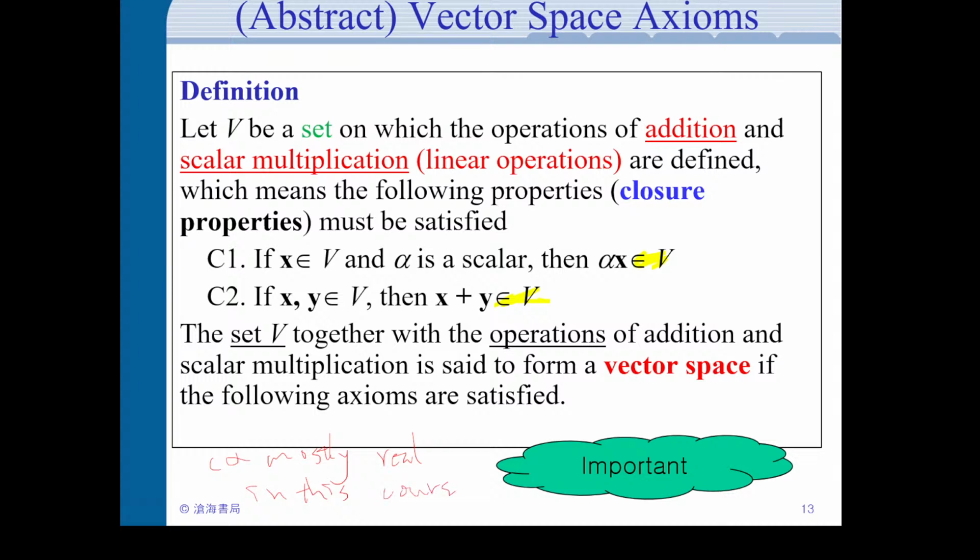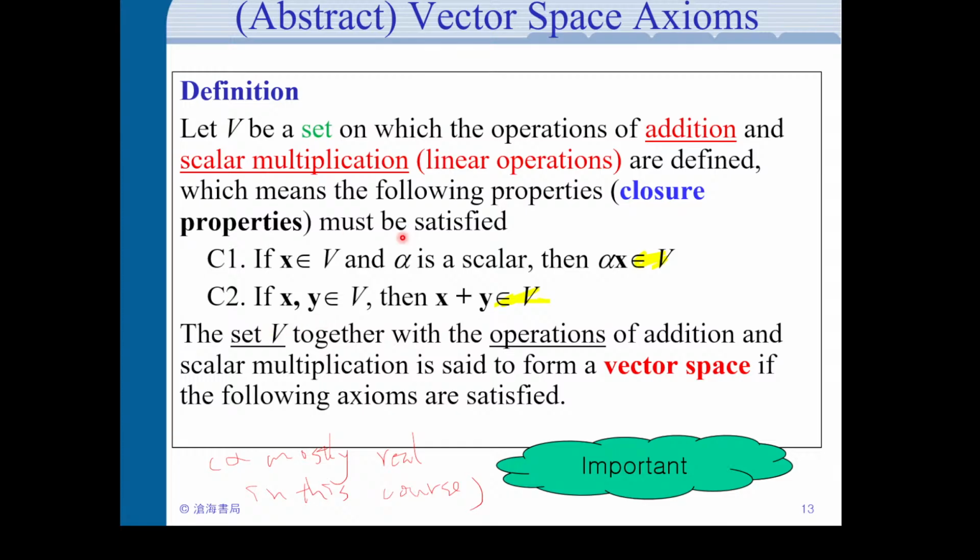For now, we can just think alpha is a real number. I guess we didn't really say alpha is a real number here. Anyway, so this is the definition of the abstract vector space.